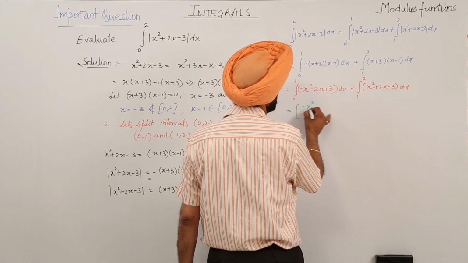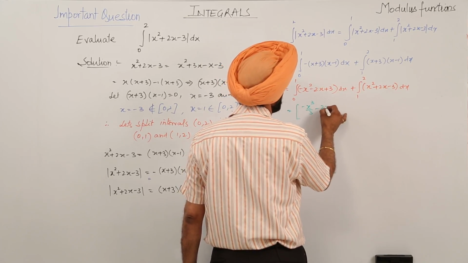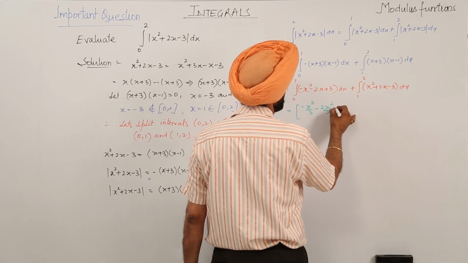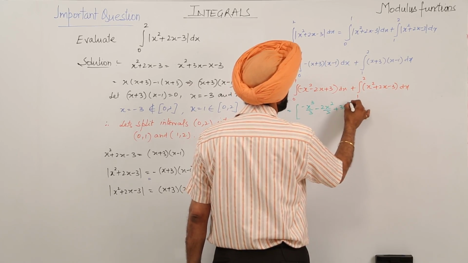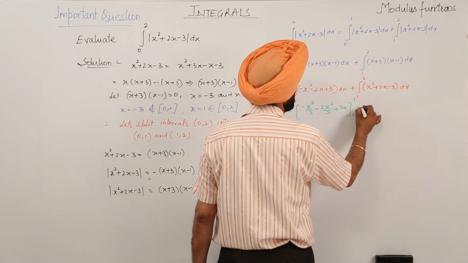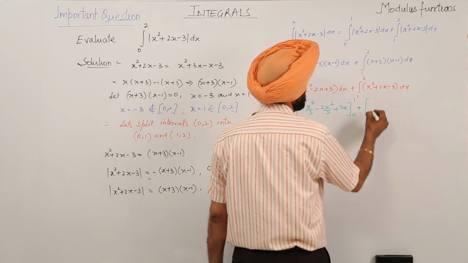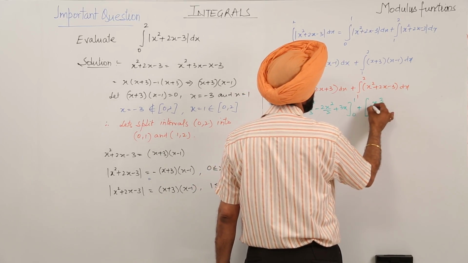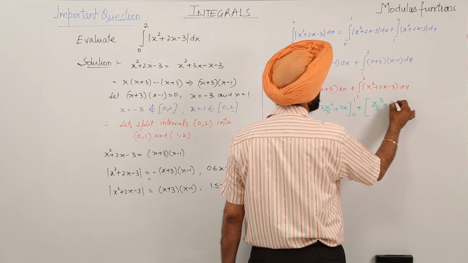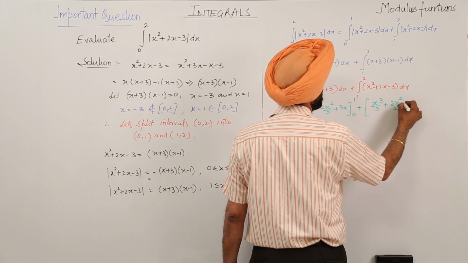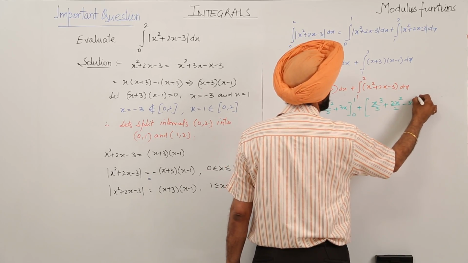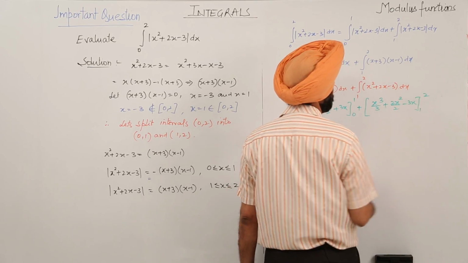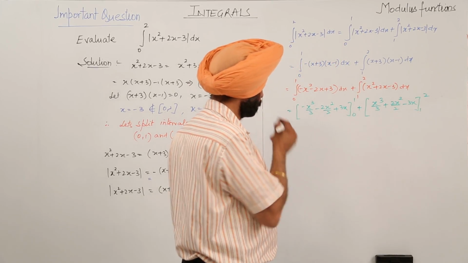Minus x cube upon 3 minus 2x square upon 2 plus 3x from 0 to 1, plus x cube upon 3 plus 2x square upon 2 minus 3x from 1 to 2.